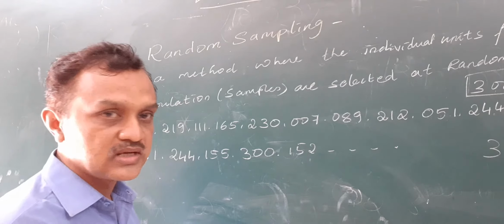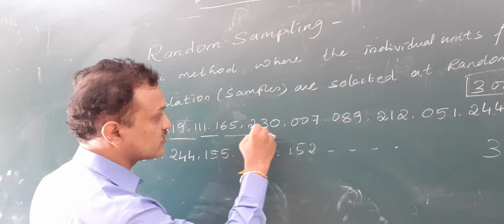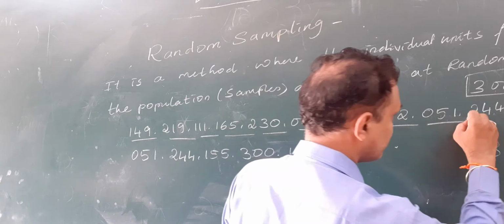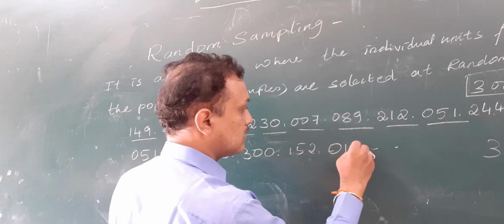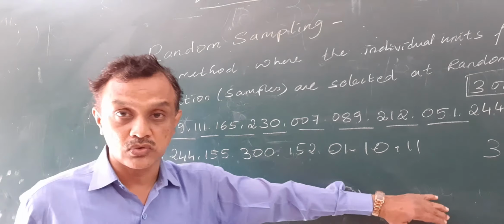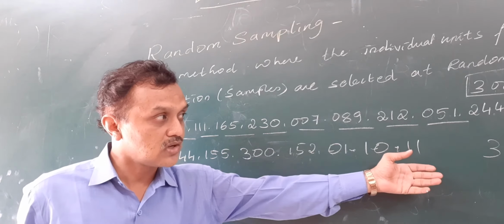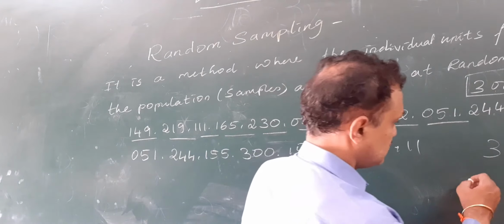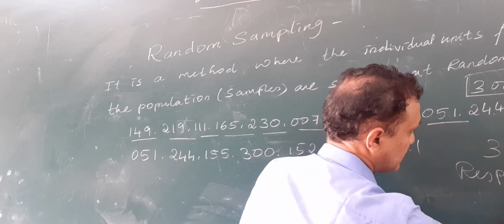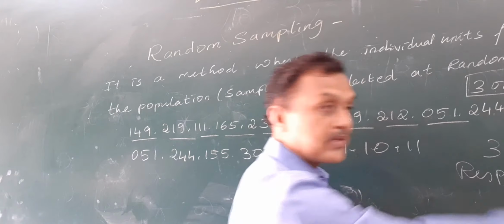Then how is it going to select? It can select house numbers 149, 219, 111, 165, 230, 007, 089, 212, 051, 01, 10, 11. Like this, it can select 30 households, and based on the response these 30 households give, it is applied to all 300 households.